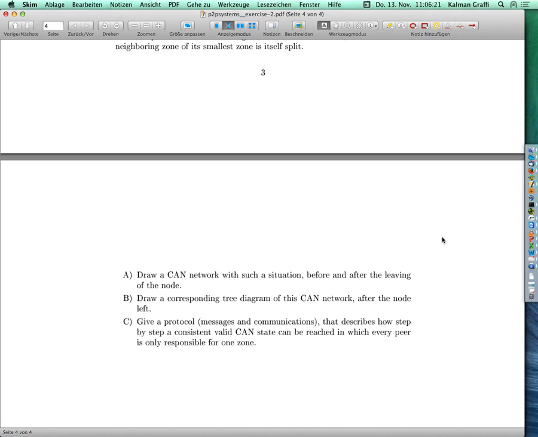If we would take C, who would take C? B is here. So let's say B is selected to take over the zones.